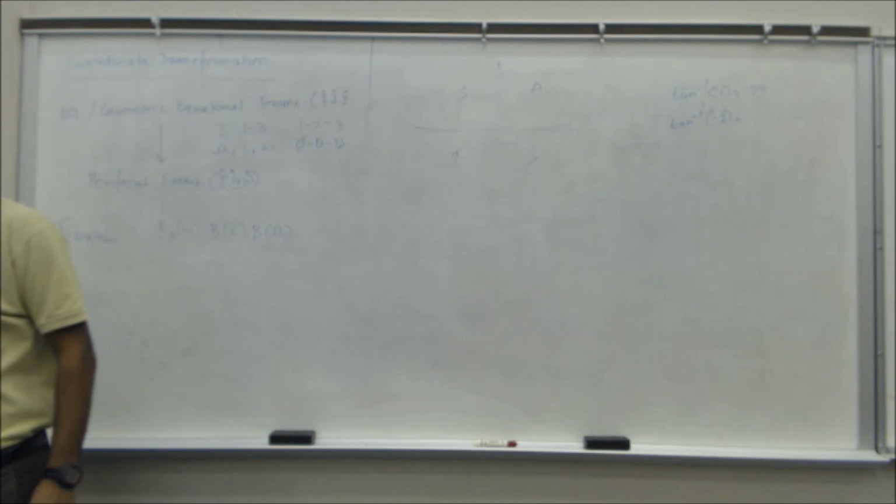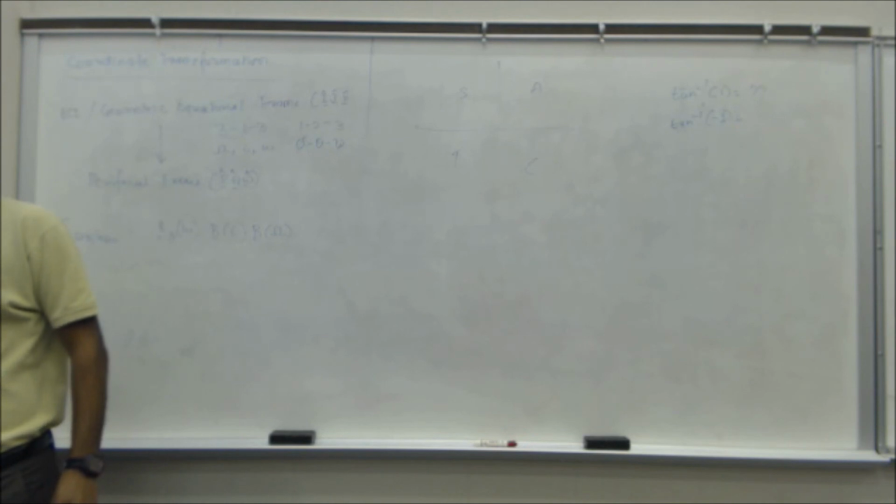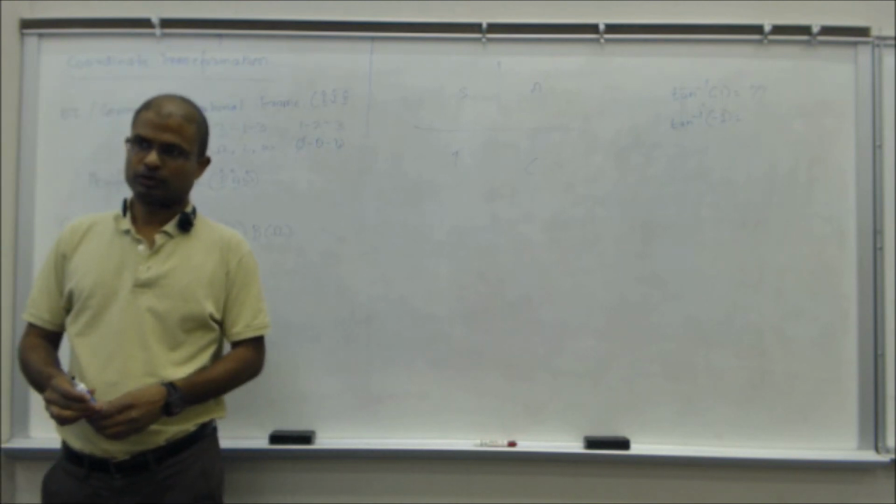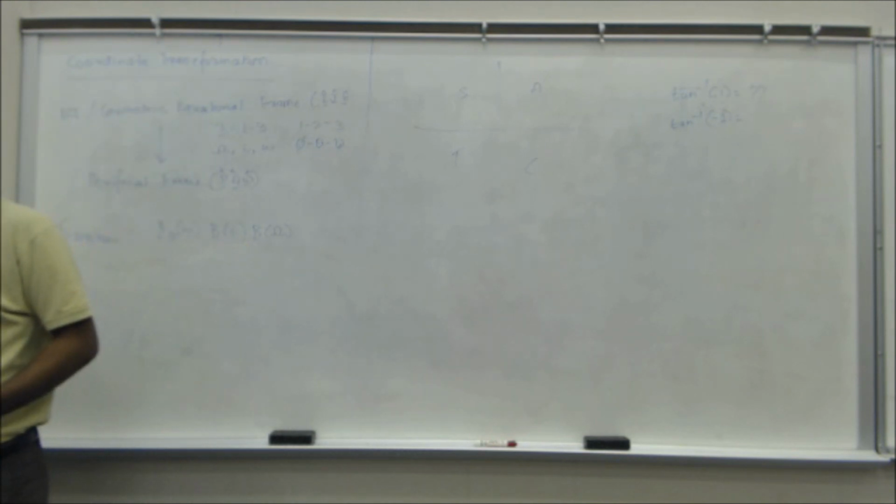X to ascending node. It could be this value, or it could be 180 plus the other value. So you don't know which one. But if you look at this ratio, you will always know whether sine is negative or cosine is negative, or if both are negative, you'll know.